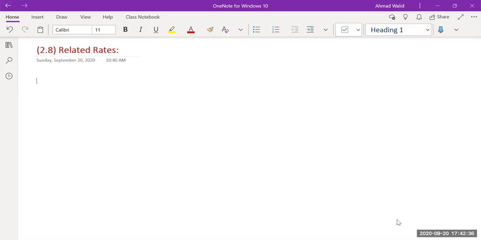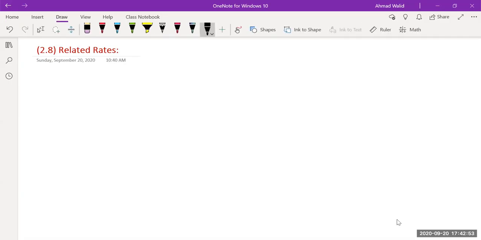Let me start with a simple example with you. I'm not going to solve this example to the end, I'm just explaining. We start with the easy one, and we deal with the complicated ones later. Let's think about, for example, I have a tank of water in the shape of a cone.